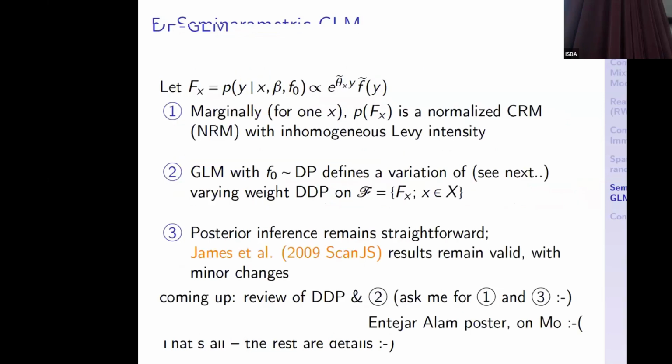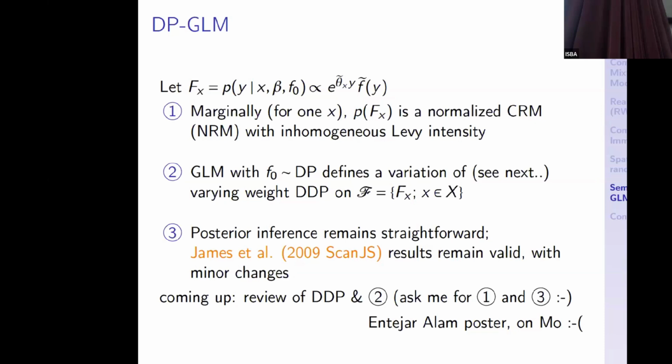The rest are really details, and I just want to talk you through one detail, or just summarize them. Turns out when you look just at the implication for the marginal distribution, let's denote with F sub x the implied sampling model for a data point with covariate X. It is simply the baseline distribution with the exponential tilting using theta tilde X, where theta tilde is implicitly determined by the GLM logic.